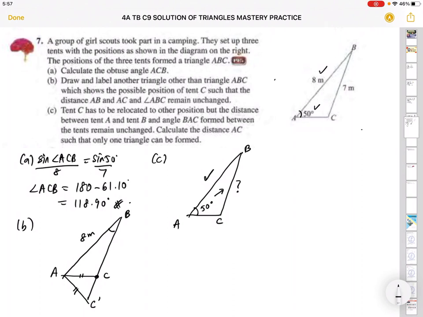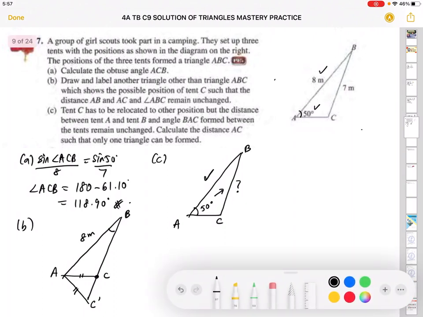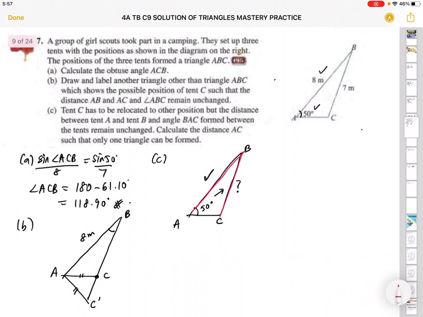So you may want to focus on these two lines again, like the concept I taught you. These two lines actually meet at point B. If you have a compass, you put the sharp end here and the pencil over here, and you draw an arc like this.